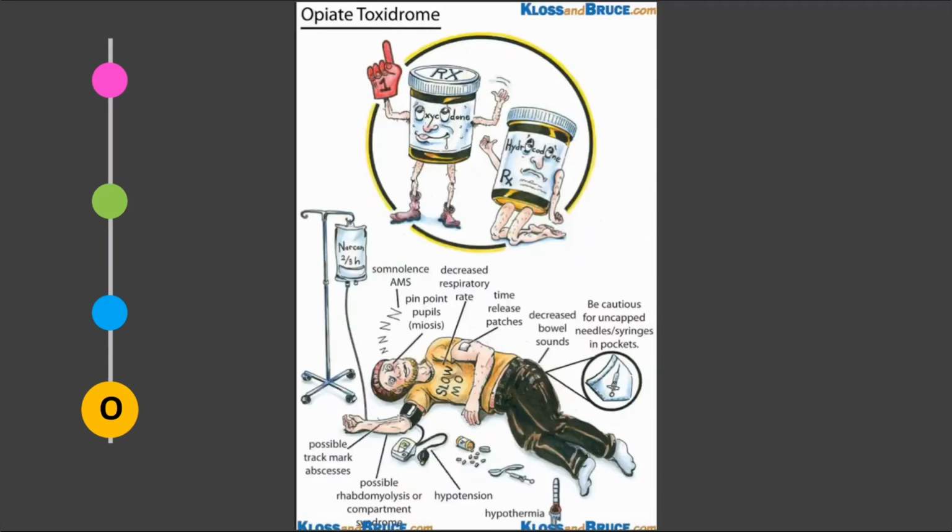So this is the opioid toxidrome. Oxycodone, hydrocodone, or the patient having narcotic drugs, they will get somnolence, miosis, decreased respiratory rate, and also there might be possible track marks at the site of the injections. If you check their pocket, you may find some needles and syringes.